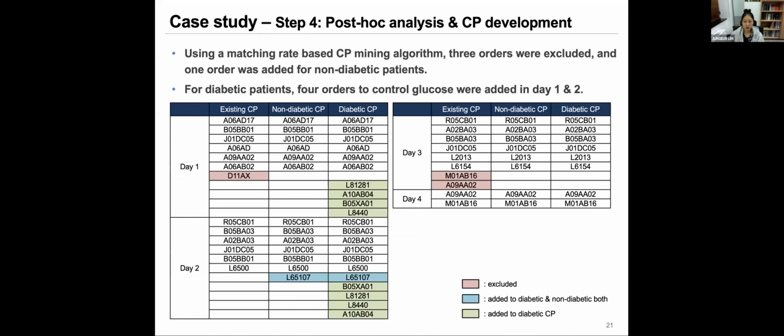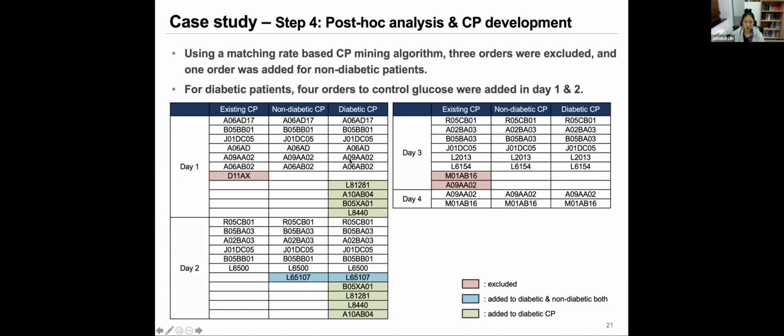So using a matching rate-based CP mining algorithm, we have made new CPs for diabetic patients and for non-diabetic patients. This slide shows the differences. For non-diabetic patients, 3 orders are excluded and 1 order is added.